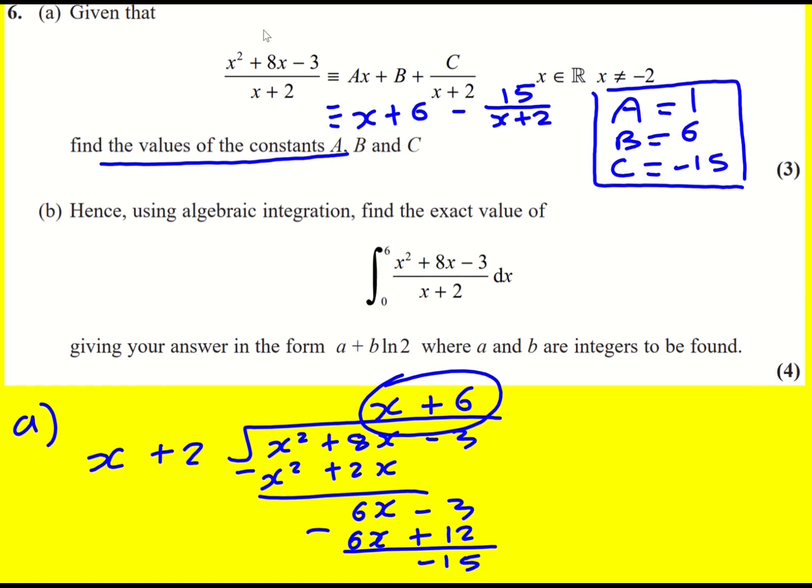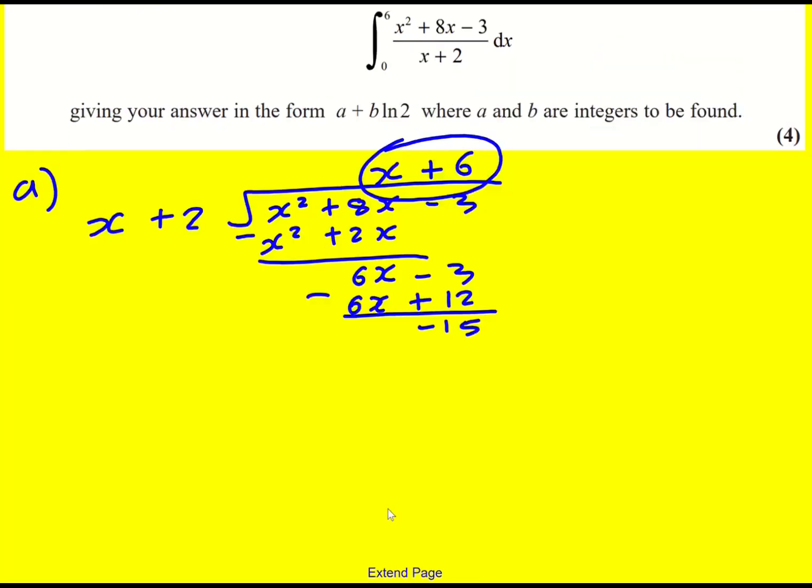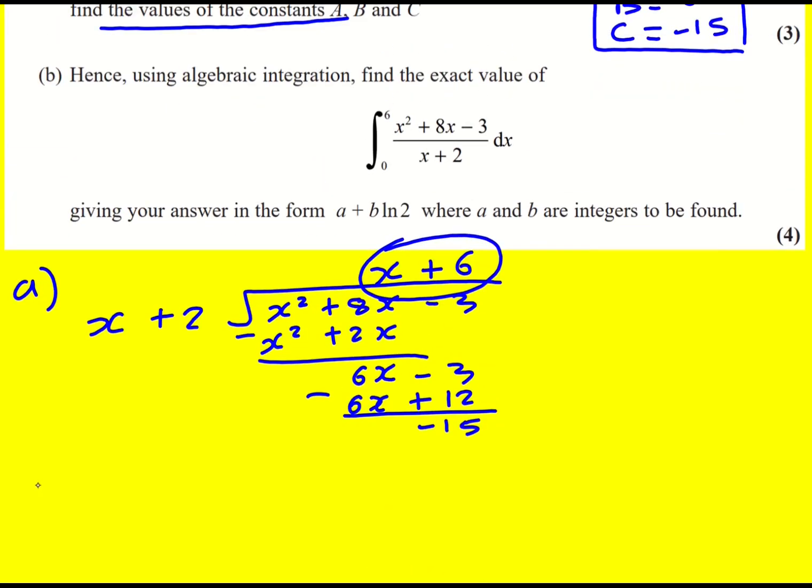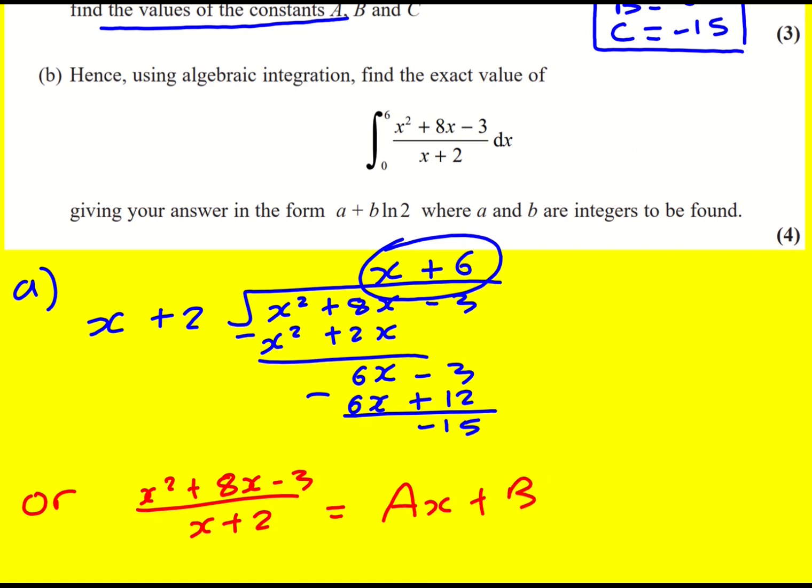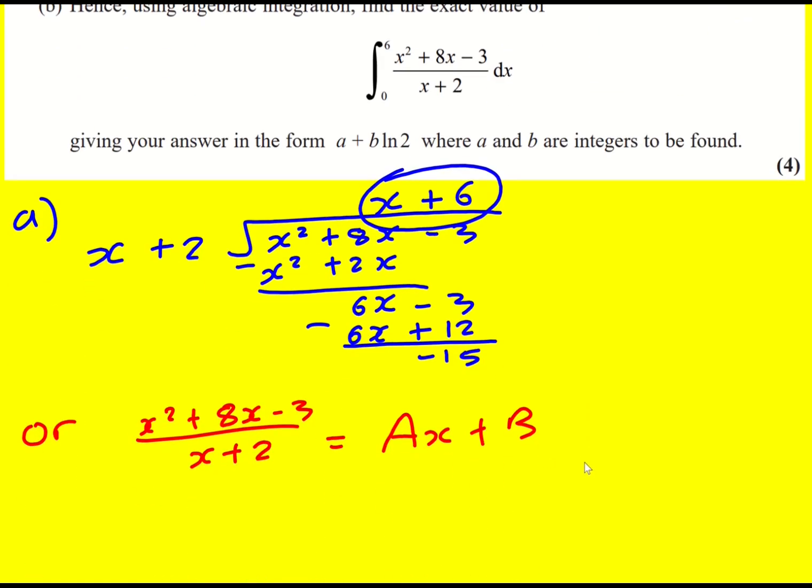Okay, let's talk about an alternative way to do it, and it's to use the ideas of partial fractions. So we've got x squared plus 8x minus 3 over x plus 2 equals ax plus b, plus c over x plus 2.